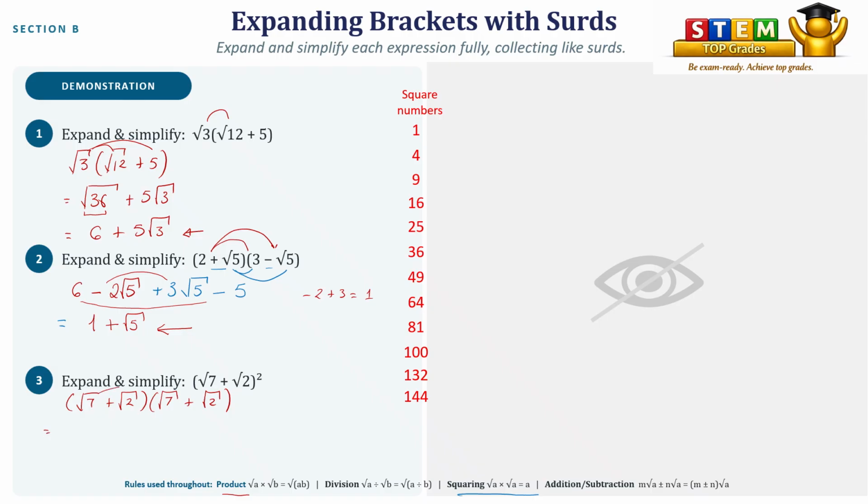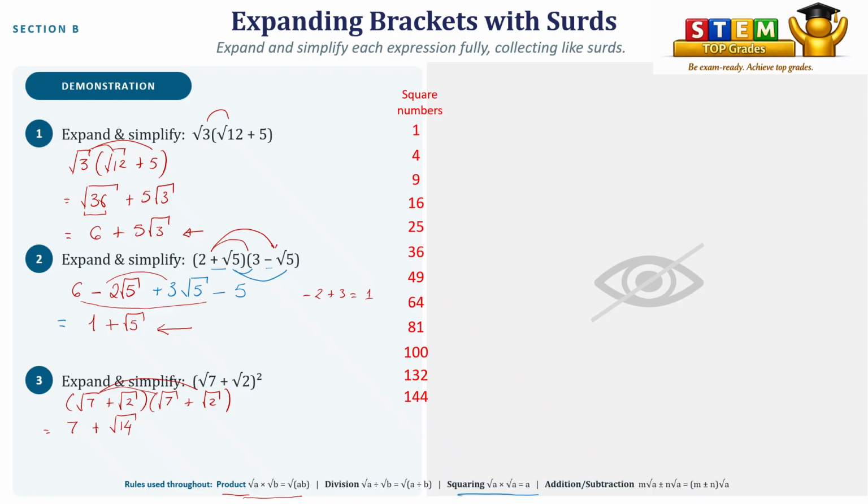We're going to multiply root 7 and root 7 together, identical surds, so that gives you just a number. Root 7 multiplied by root 2. Now this is the product rule, which we have as the first rule down here. So that's going to be plus, so root 7 times root 2 gives you root 14.